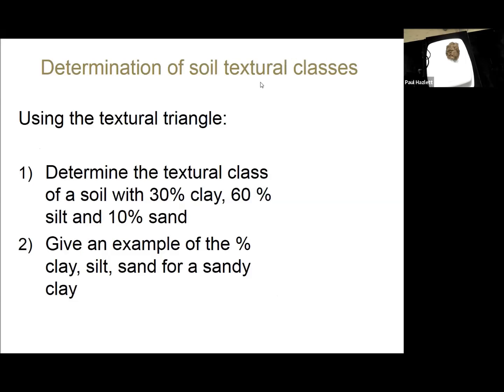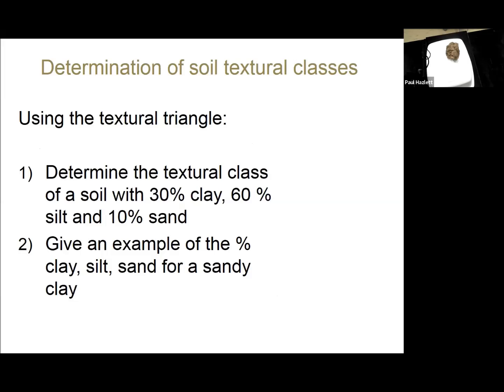So how do we use the textural triangle then? I'm just going to give you two examples here, and we'll look at them together. We can use it in two different ways. The first way is we can determine the textural class of a particular soil. So if through some method we determine the amount of sand, silt, and clay in a particular sample, then we can go to that triangle to come up with the textural class.